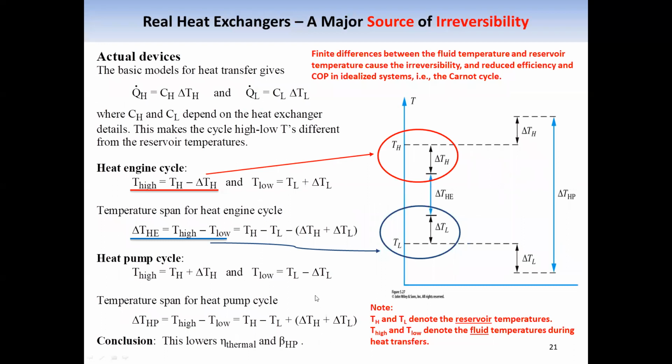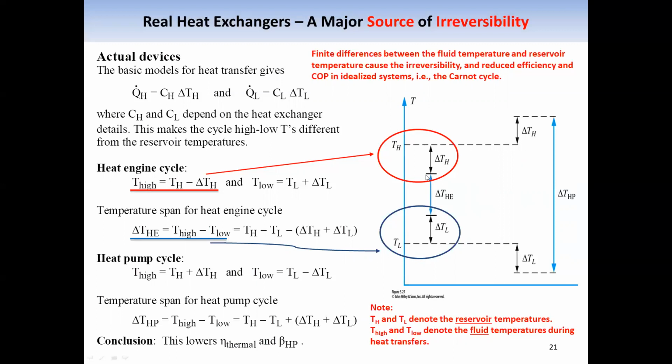Now let's talk about what is the source of irreversibility. When we discuss heat engine, we mentioned that the working fluid passes through the two reservoirs at T sub H and T sub L. But in reality, the working fluid, when it passes through the high temperature reservoir, hardly reaches TH.